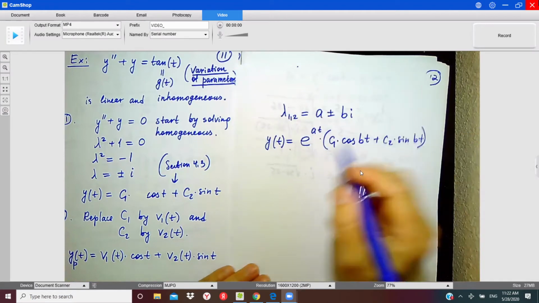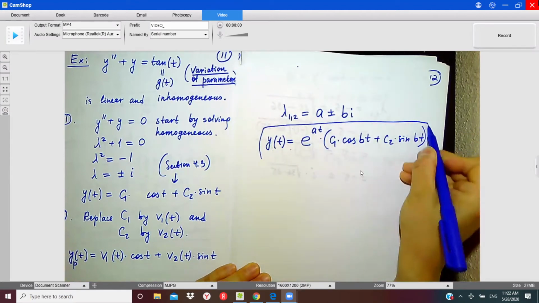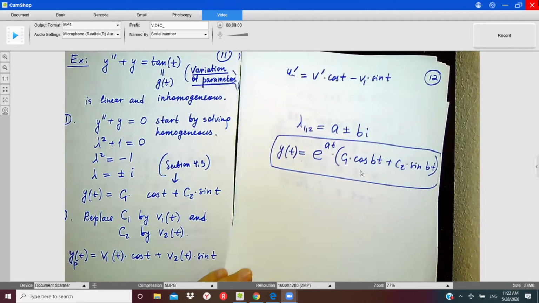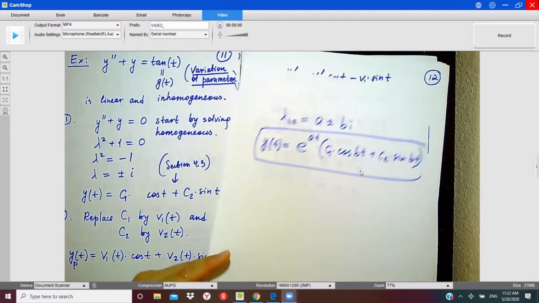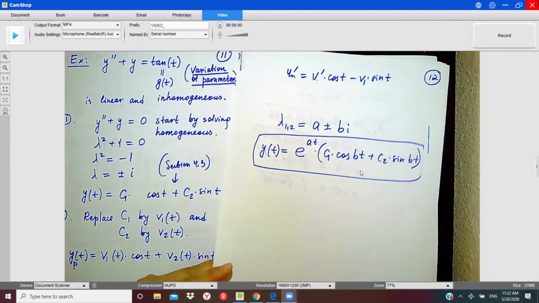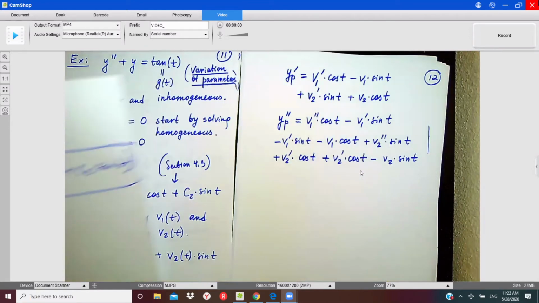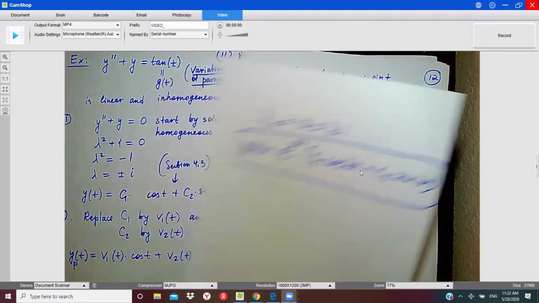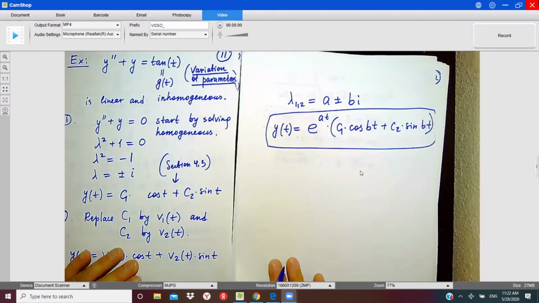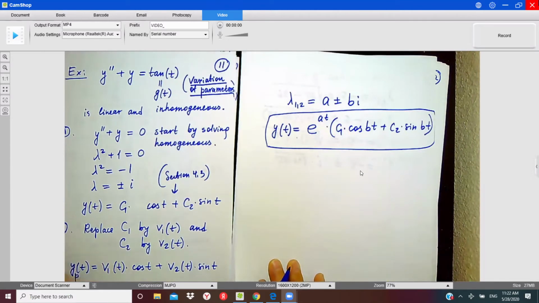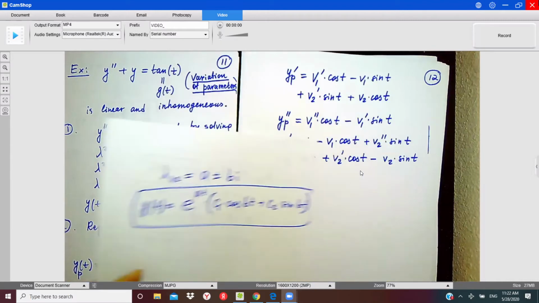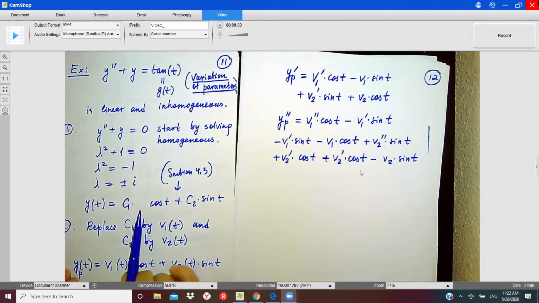So again, this was from section 4.3, when we discussed the method for solving linear homogeneous differential equations. Okay, so this is where we get this general solution.